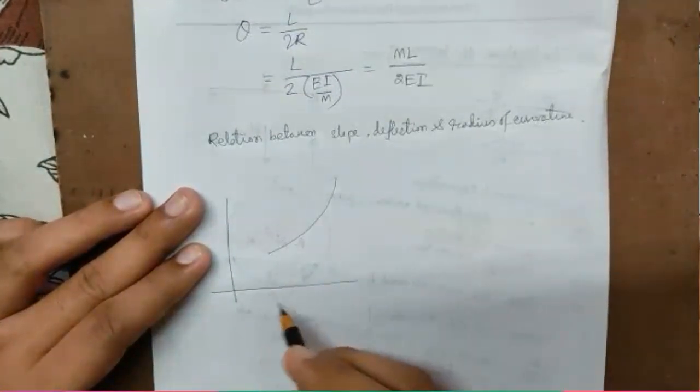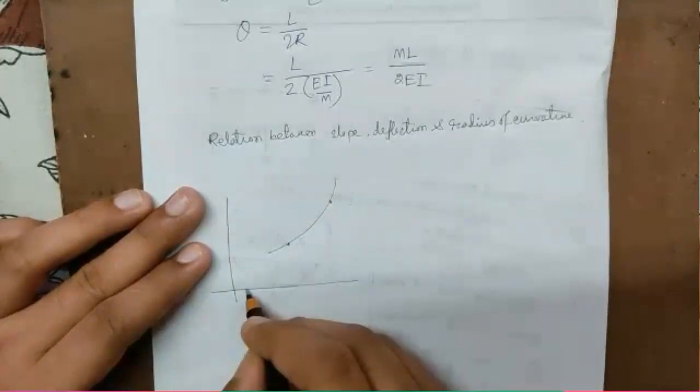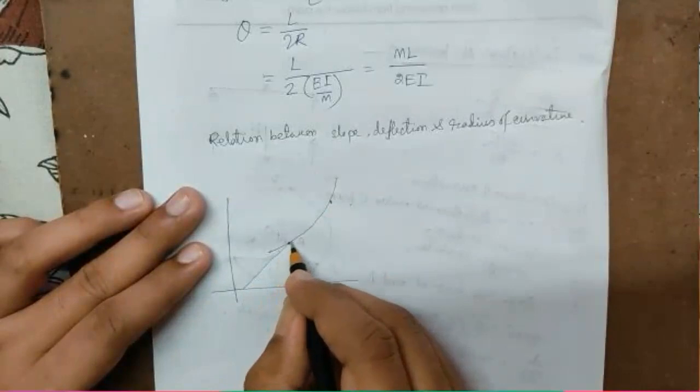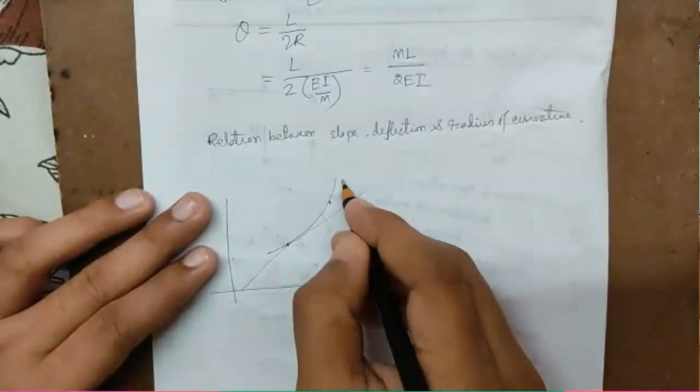Okay, so we will take 2 points and we will draw the radius. So we will draw the tangent.